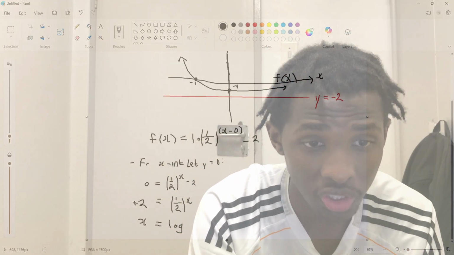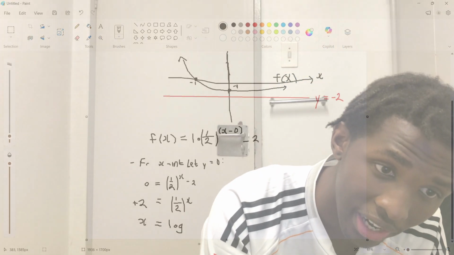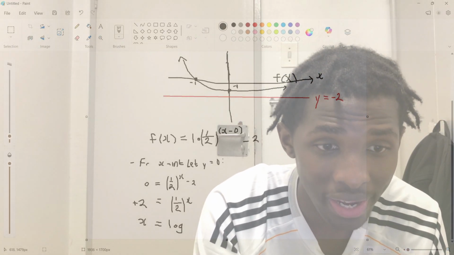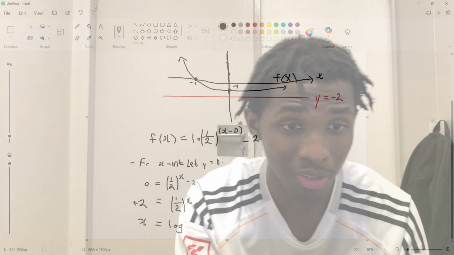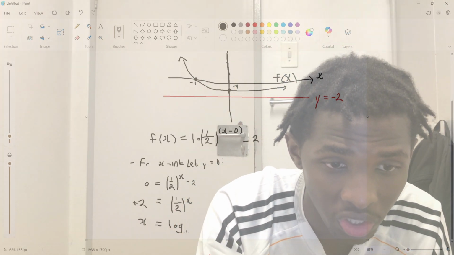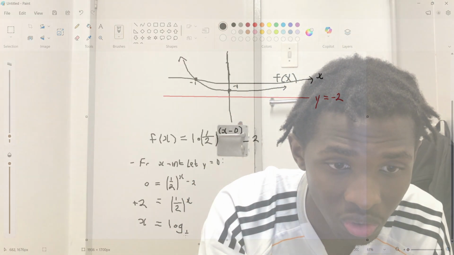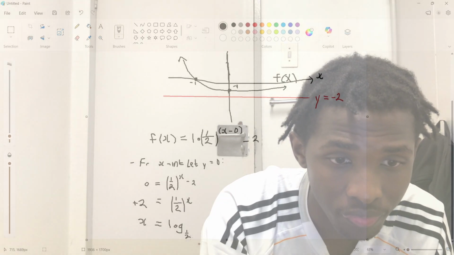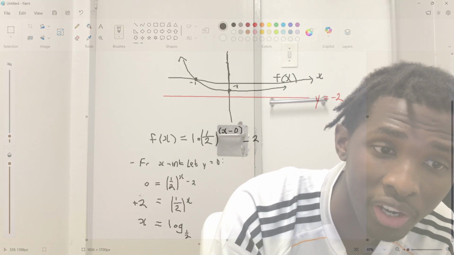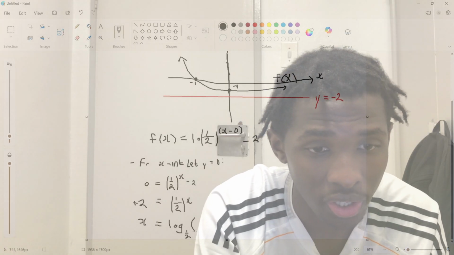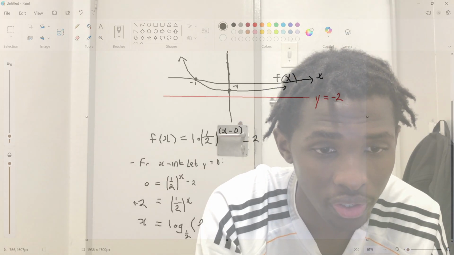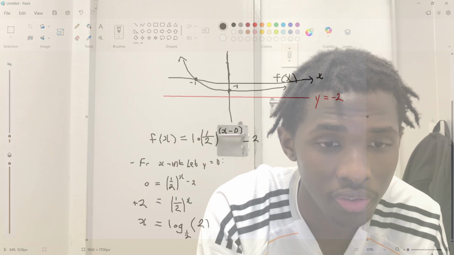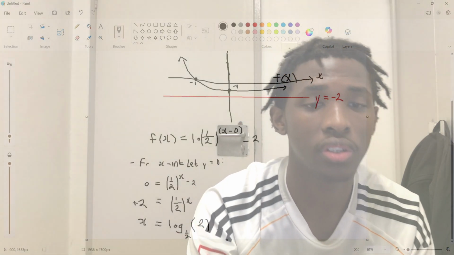So this comes down that side, and the base remains the base. So a half is gonna go here, remember, it's the base. But the big value is gonna be 2 right here. So this is the value of x.